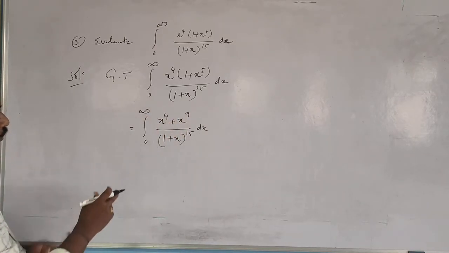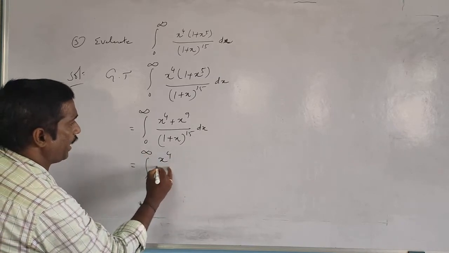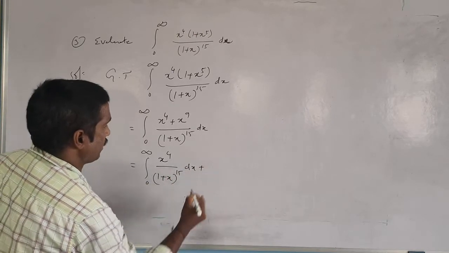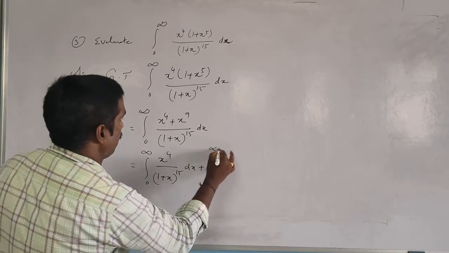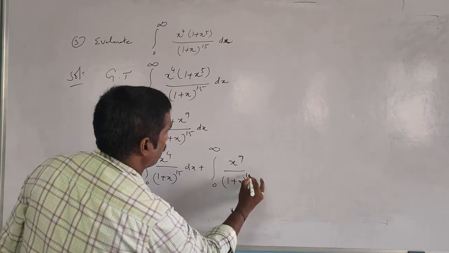Now split the two parts: integral from 0 to infinity of x power 4 by (1 plus x) whole power 15 into dx plus integral from 0 to infinity of x power 9 by (1 plus x) whole power 15 into dx.